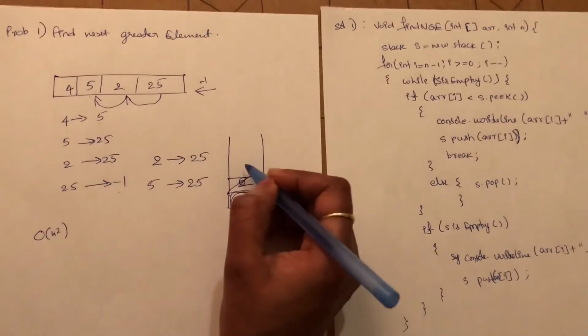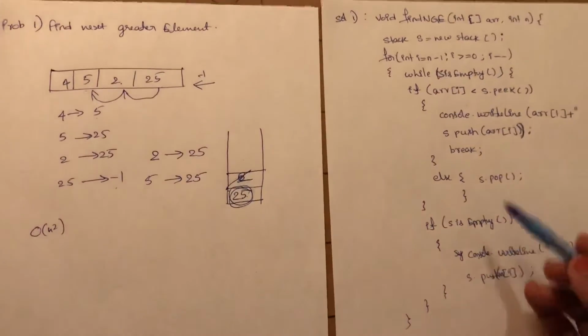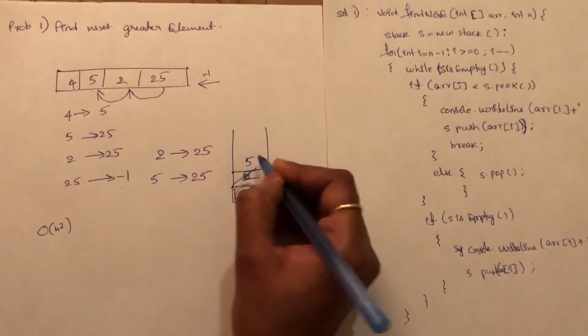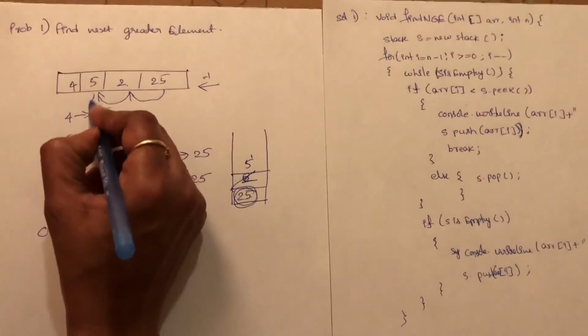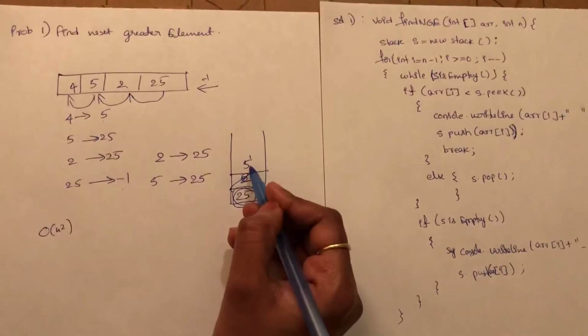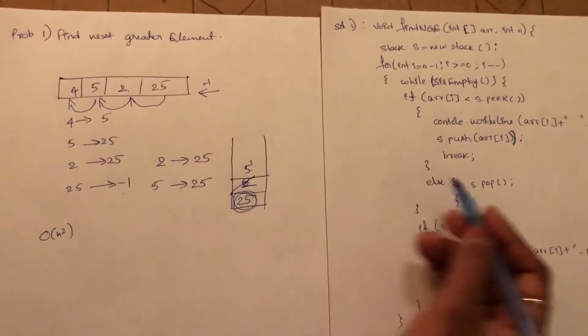It prints that, then pushes array of i onto the stack, and the loop comes here. It checks again, is 4 less than 5? Yes.